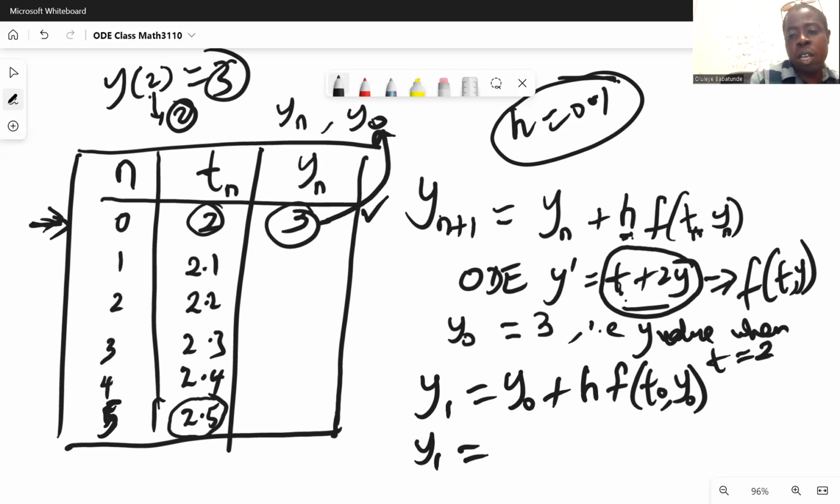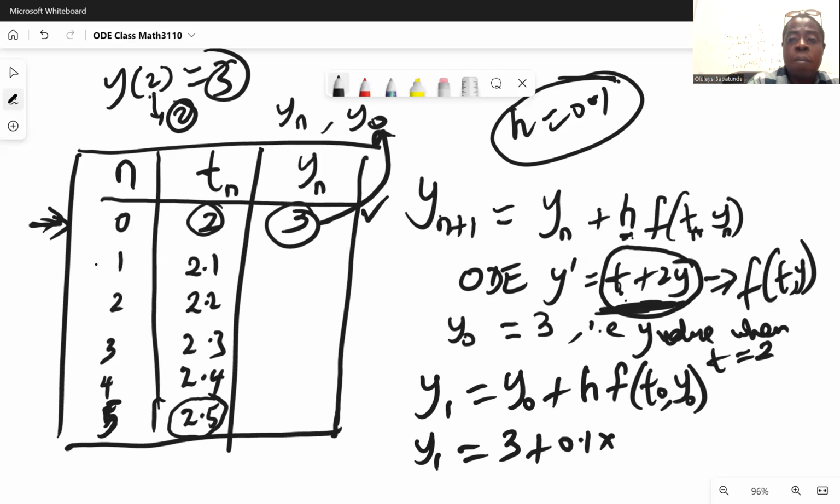So this is 3 plus 0.1 times, now the function of t naught is just the right side of the ODE, which is the function of t, y. But this time around, the first point is when your t was 2 and your y was 3.